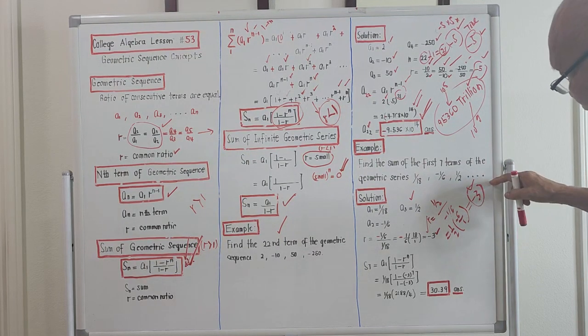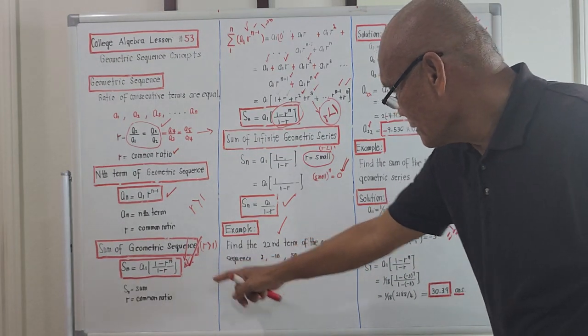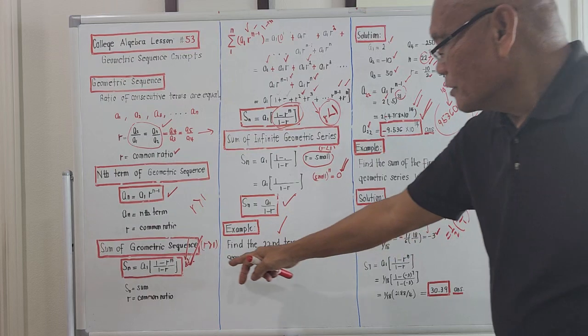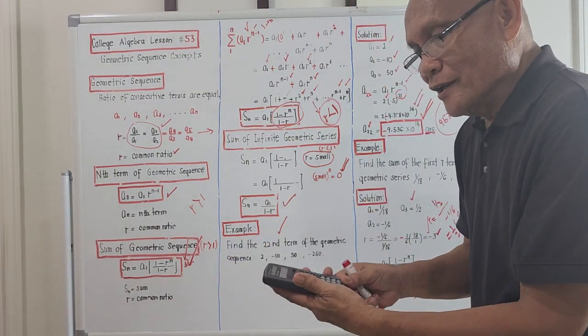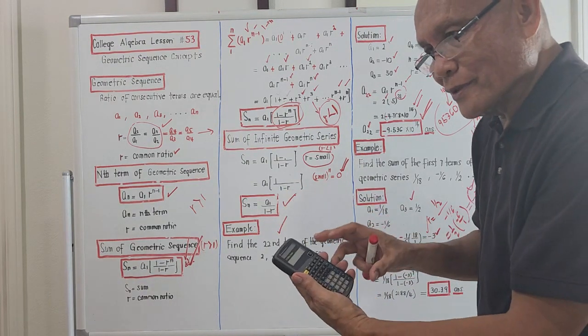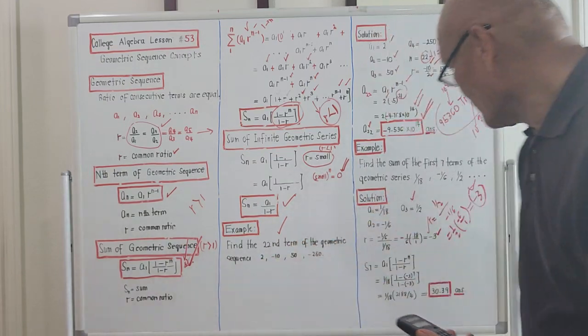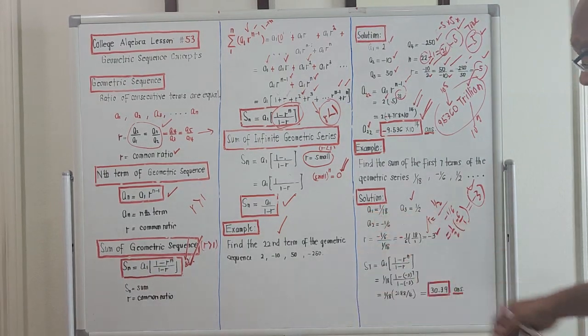If the absolute value of r is greater than 1, we will use equation number 2. So this will not be under the infinite series. If r to the n could be computed by the calculator, there's no problem. That's why we will use equation number 2, but carry the proper sign.